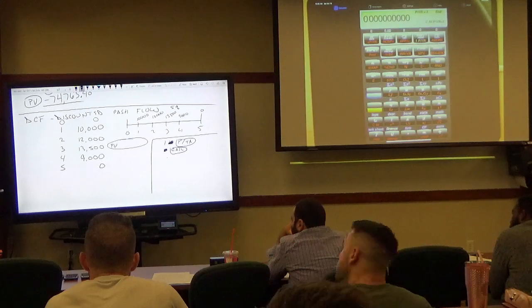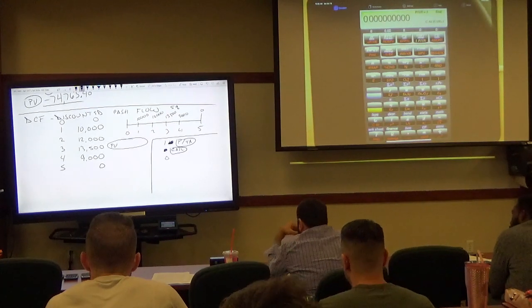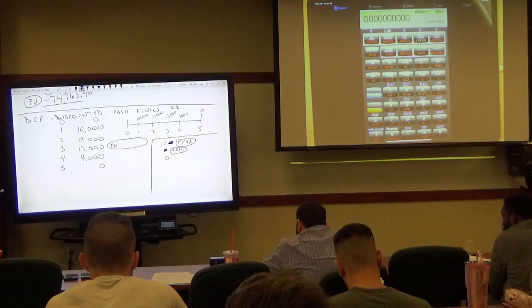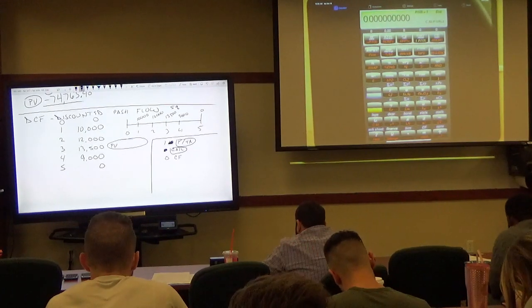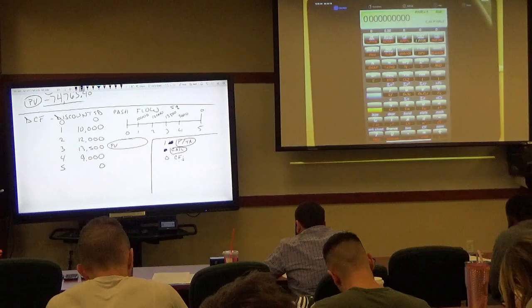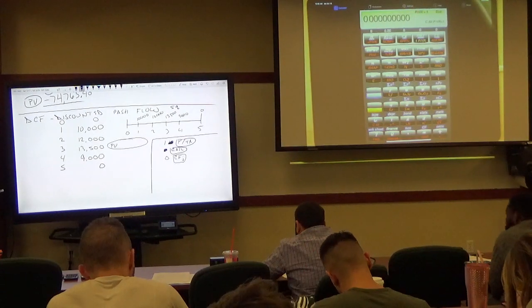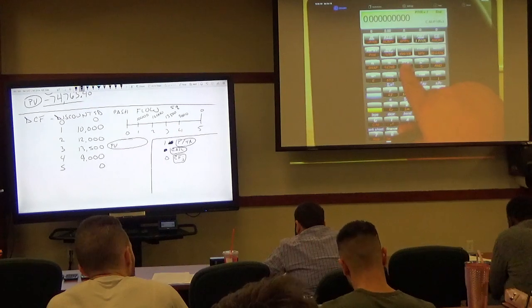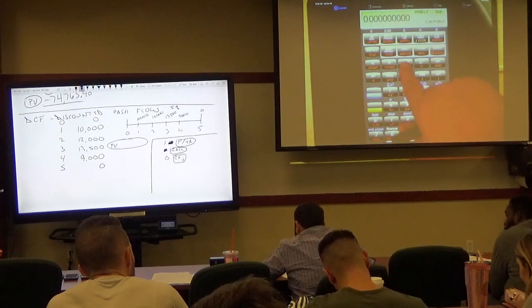The calculator just needs to start with 0 when we start inputting this. So you put in 0, and then you hit a new key, the cash flow key, CF sub J. Over here in the calculator, third key over, third key down, CF sub J. Everybody see it?